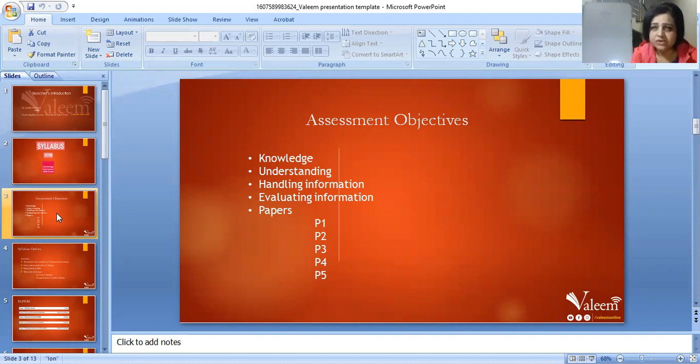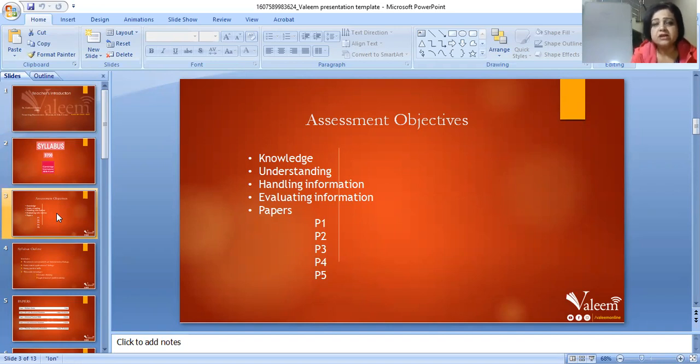So obviously, when we are doing our paper practice, we focus on the handling of information, means how to write down answers properly, because I feel appearing in an exam is an art. You have knowledge, but if you can't convey it to your examiner, you won't be able to get marks.